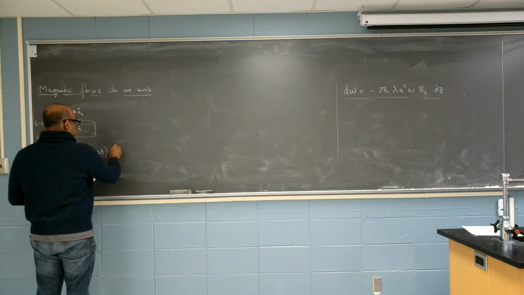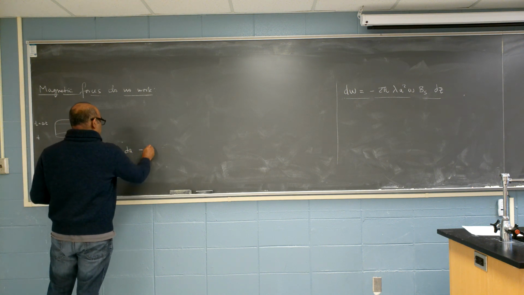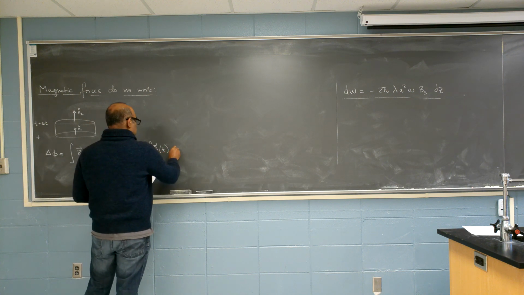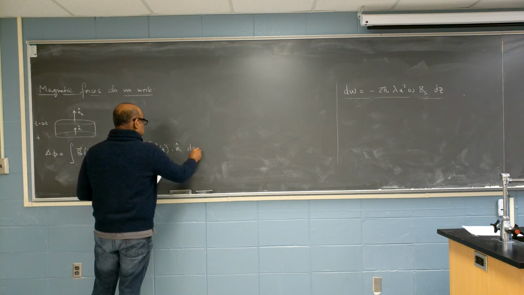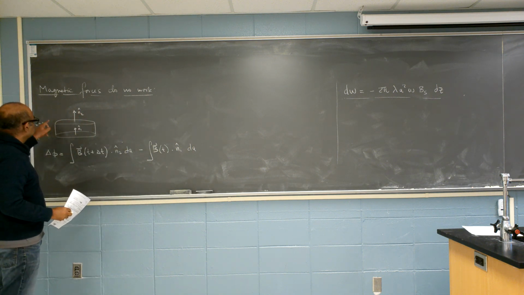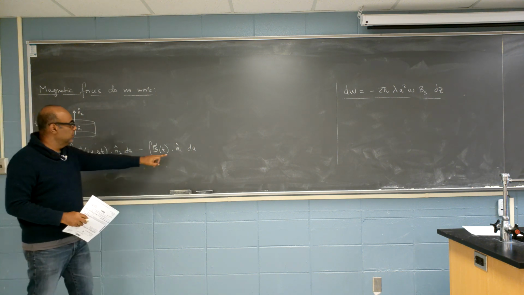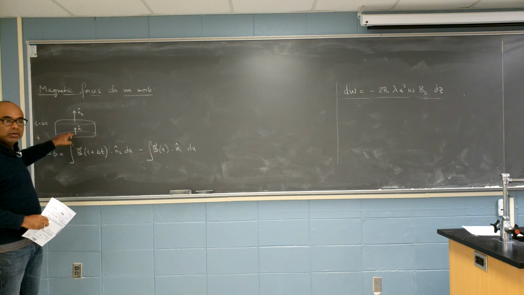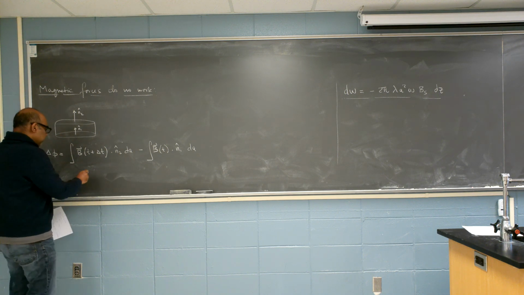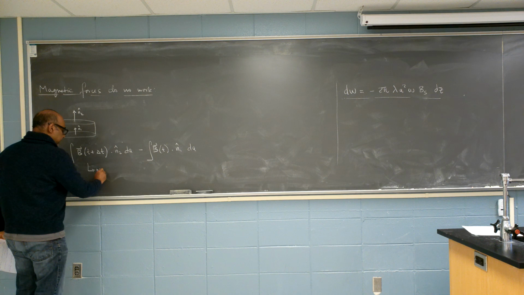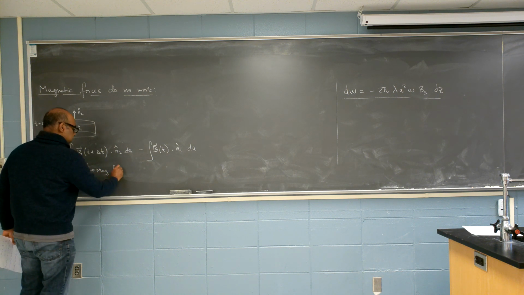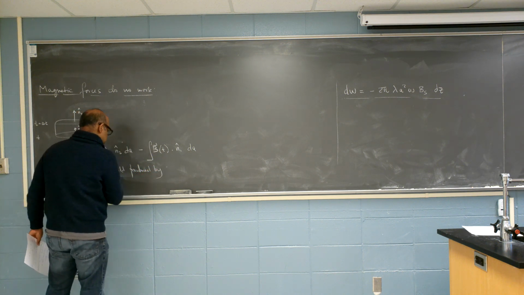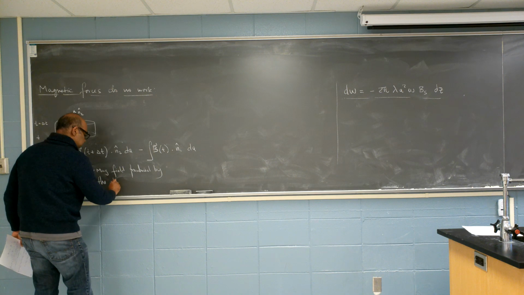Dot N2 dA minus B at t dot N1 dA. When I say N2, I mean along this area. When I say N1, I mean along this area. This is the change in flux on the car, modeled as a loop. This is the magnetic field produced by the electromagnet.